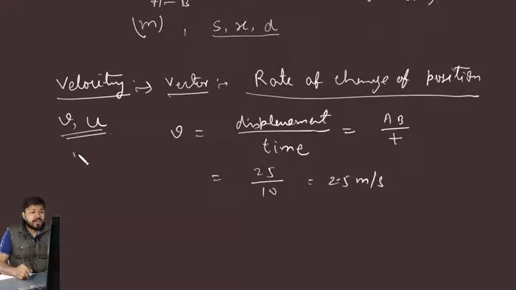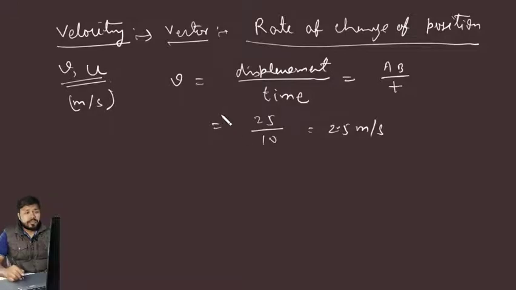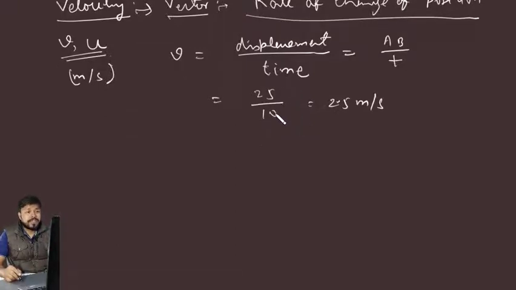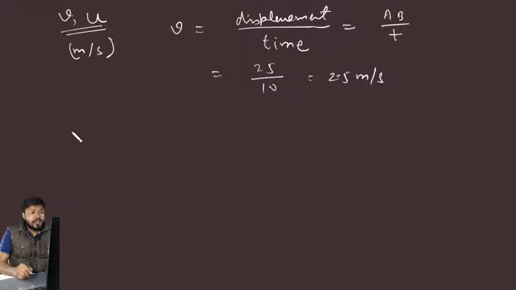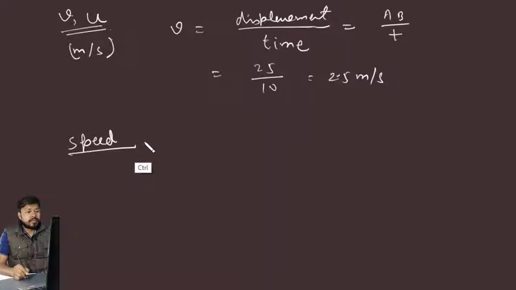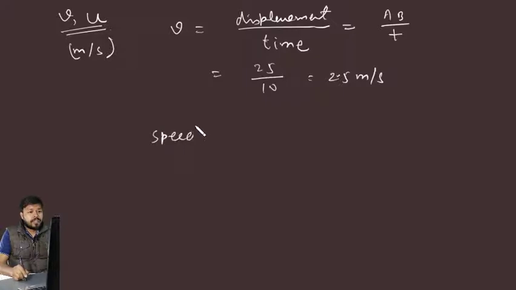The SI unit of velocity is meter per second. The CGS unit is centimeter per second, of course. So velocity is 2.5 meters per second: change in position per time. Okay, that's the velocity. Now, the corresponding scalar quantity of velocity is speed.